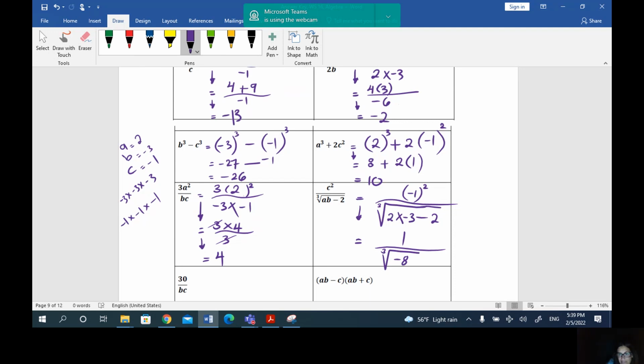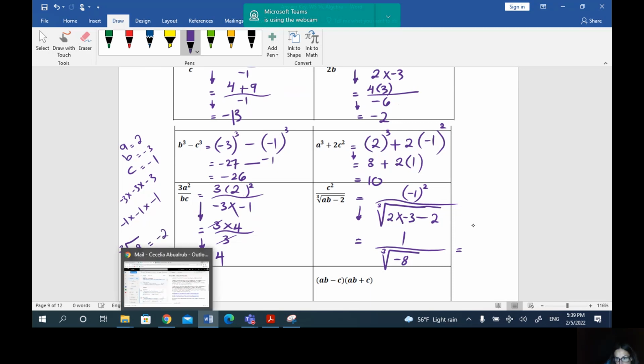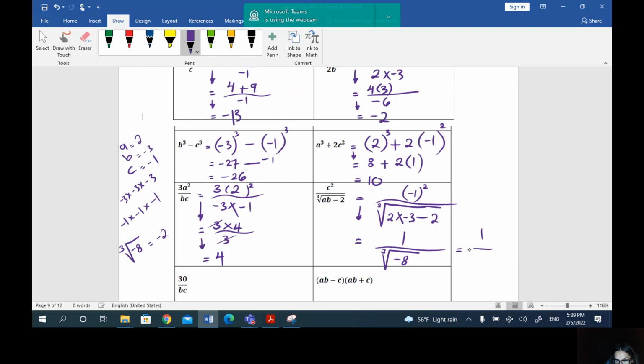So the final answer, the cubic root of negative 8. So here I will write it, the cubic root of negative 8 is equal to negative 2. So it will be 1 over negative 2.